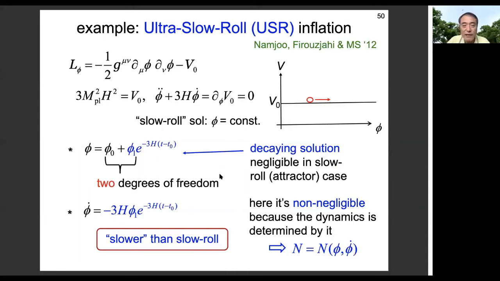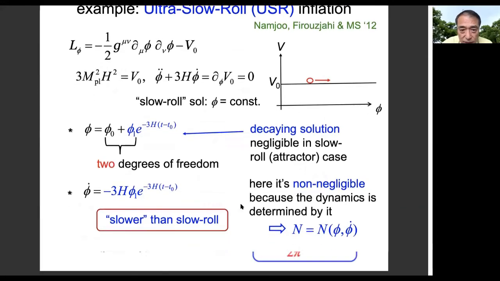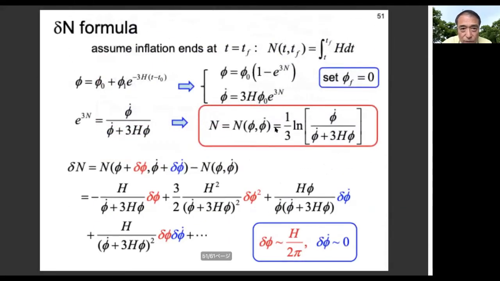The actual phase space of the scalar field becomes important rather than just the configuration space. But even in this case, if you know how the number of e-folds depends on phi and phi dot, you can easily compute delta N and compute, say, the non-Gaussianity and so forth.